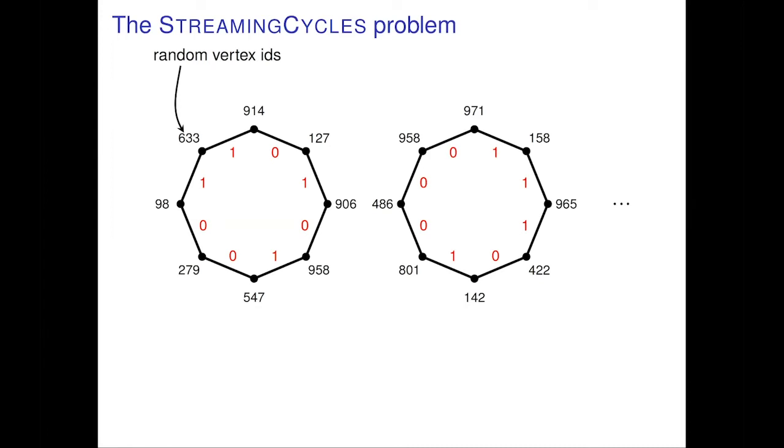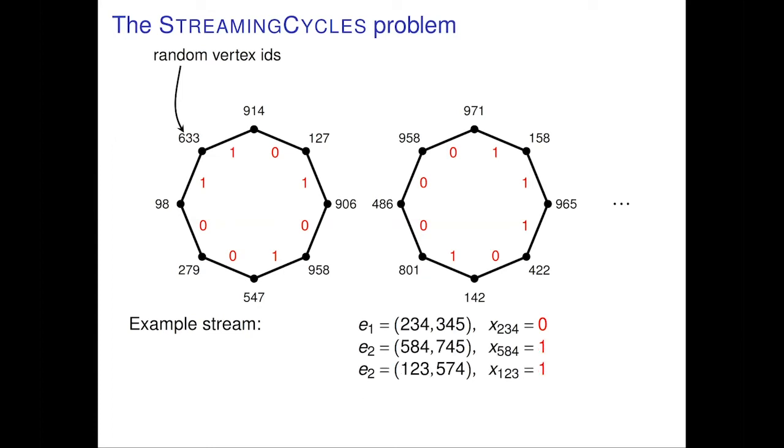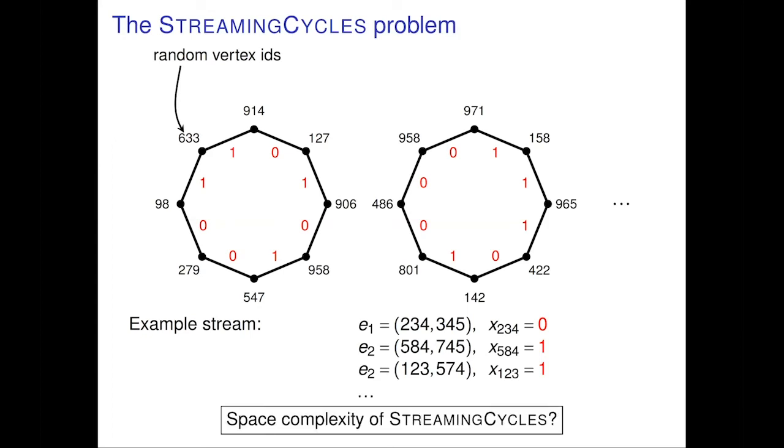So really the vertices are equipped with random vertex IDs, and an example stream that happens is the following. For example, you first see an edge E1 that connects vertex 234 to vertex 345, and the corresponding bit is 0. Then another random edge appears, etc., etc. So this proceeds, and we want to understand what the space complexity of streaming cycles is.